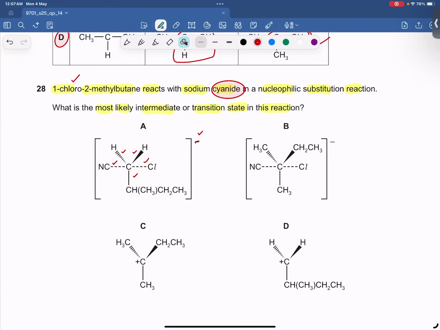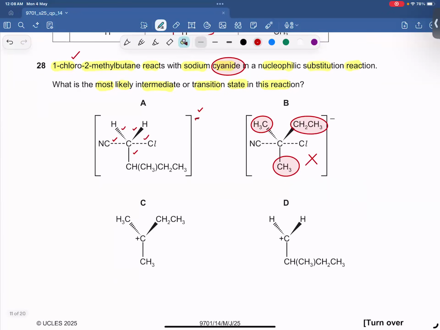That's not possible. That's incorrect. Why? Because this is one alkyl group, this is the second alkyl group, this is the third alkyl group, which means it's going to be tertiary, and a pentavalent transition state never forms at a tertiary carbon. So that's incorrect. That's also incorrect because it is a tertiary carbocation, which is not possible.